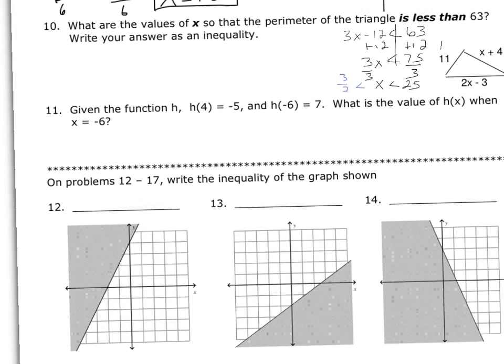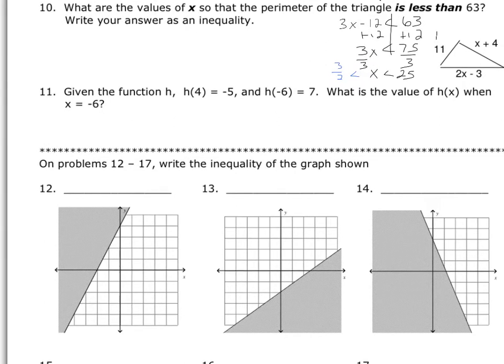Number 11, given the function h of 4 equals negative 5, and h of negative 6 equals 7. What is the value of h of x when x equals negative 6? This is just a very simple check: do you recognize the x and y values in a solution set for a function?